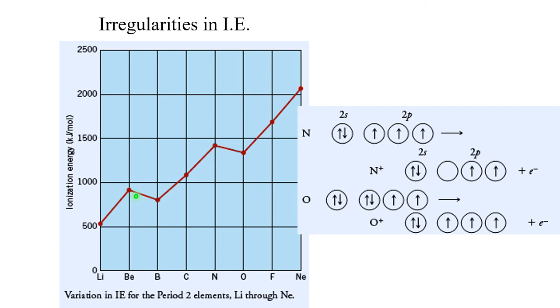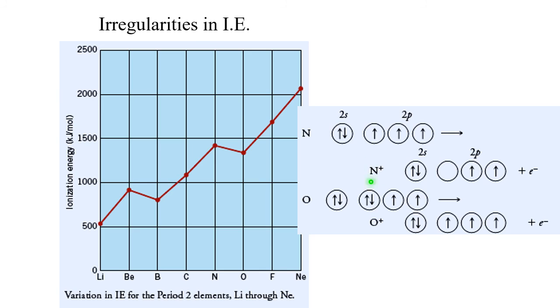There are some irregularities. For example, nitrogen has a very stable state. One cell, the 2s electrons, is completely occupied, and 3 electrons are sitting separately in 2p orbitals. They are separated as far as possible, so this is an island of stability.